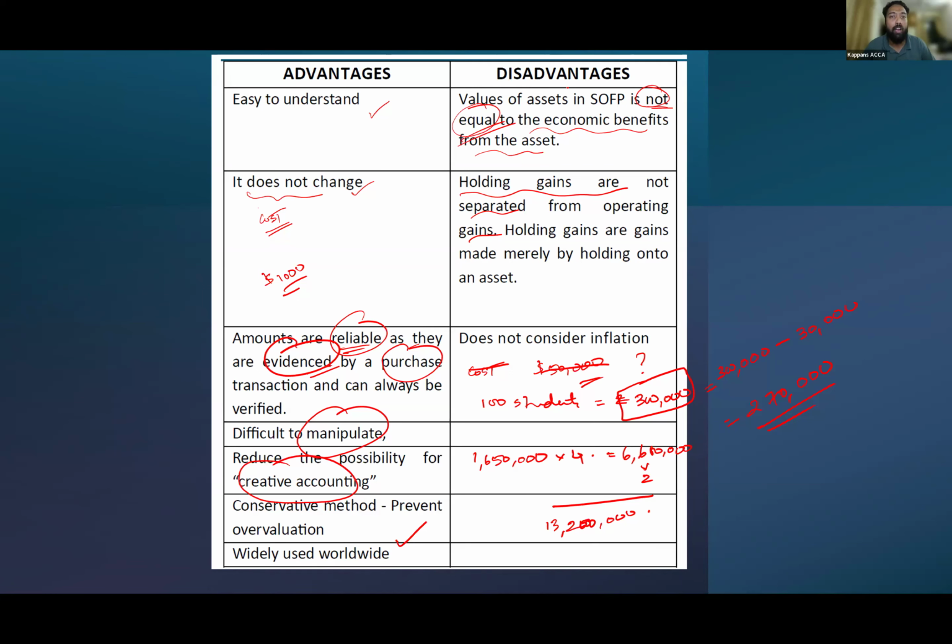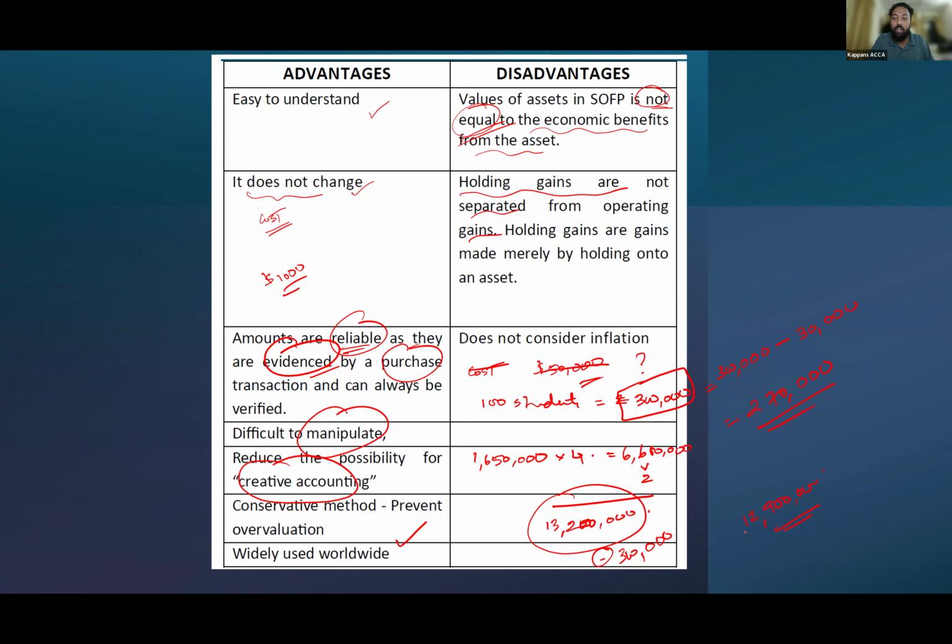What do you mean by holding gain? Capens has made money of 13,200,000 within 2 years of using this asset, and that is holding gain. And Capens invested 300,000 to buy this asset. So 13,200,000 minus 300,000, that is 12,900,000, is a holding gain.